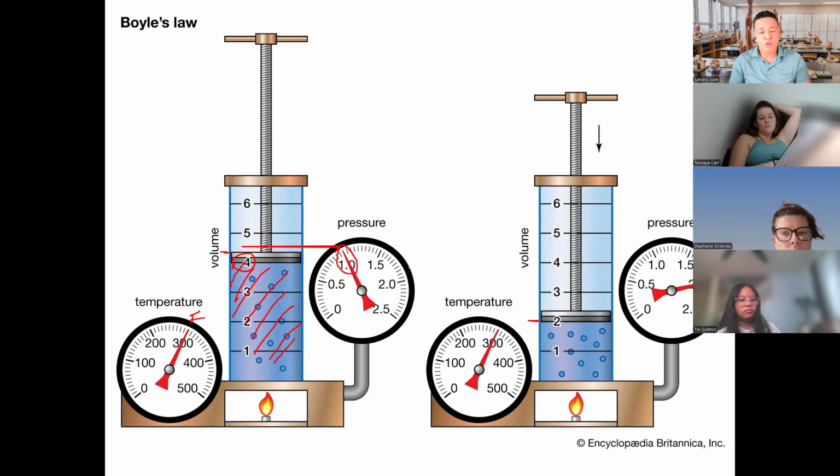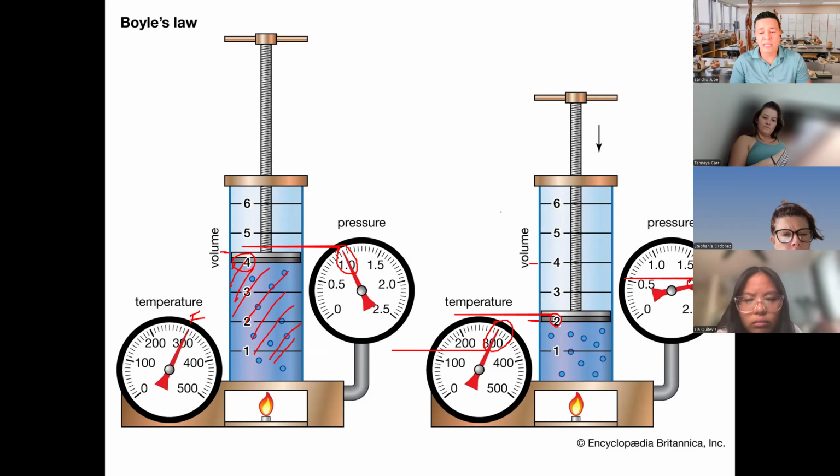Now, when I decrease the volume inside of the tube, when I go from 4 to 2, everybody look up here, the temperature is still the same, 300. But now take a look at the pressure. The pressure now inside of the tube is 2 millimeters of mercury.